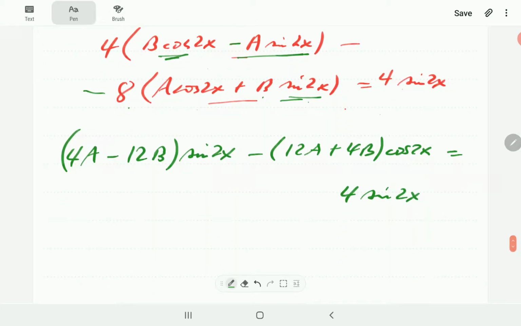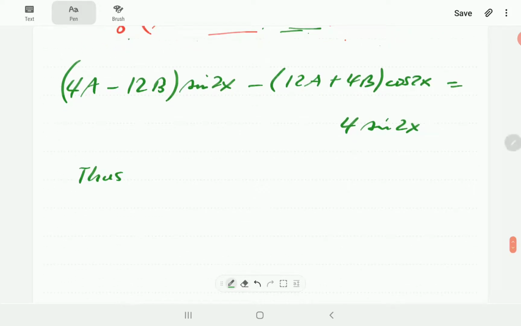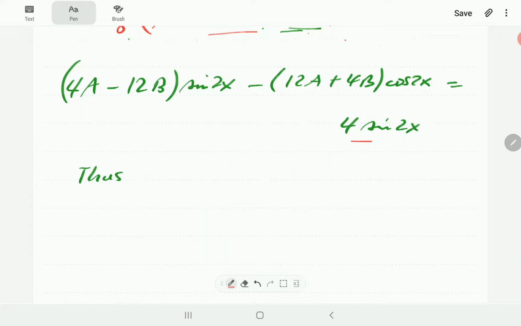Then the coefficients must match. So the coefficient of sine on the left must be the same as the coefficient of sine on the right. On the right we've got 4, this side we've got that. So that tells us that 4a minus 12b is equal to 4.